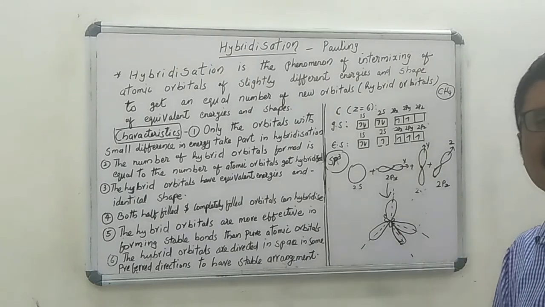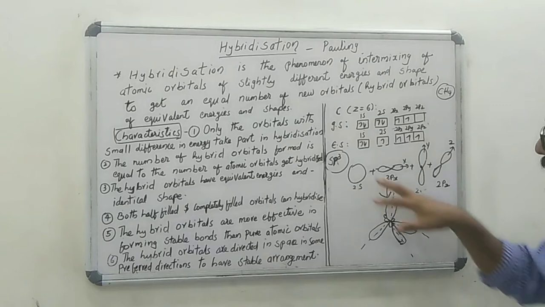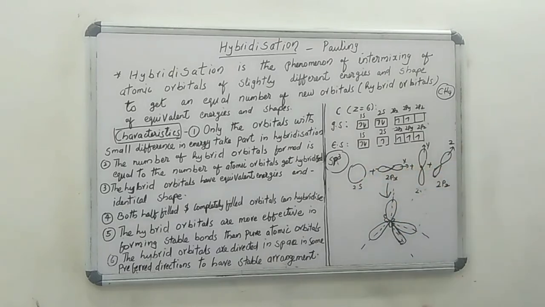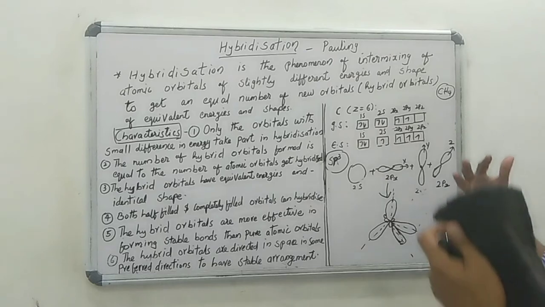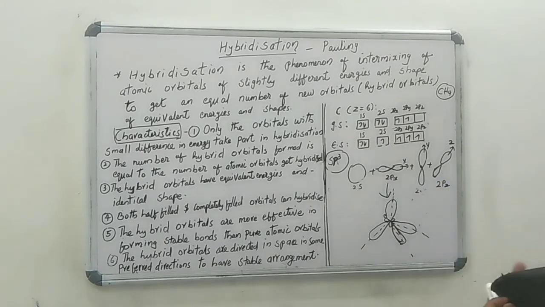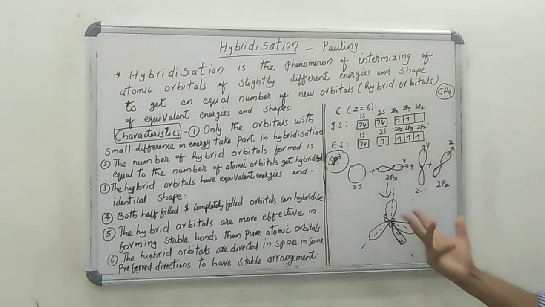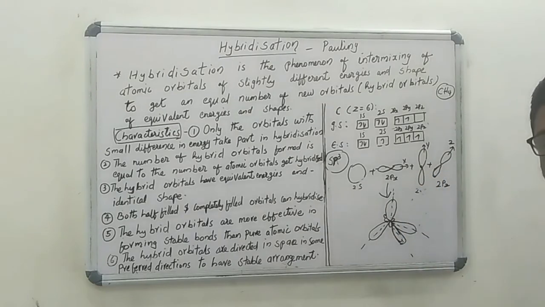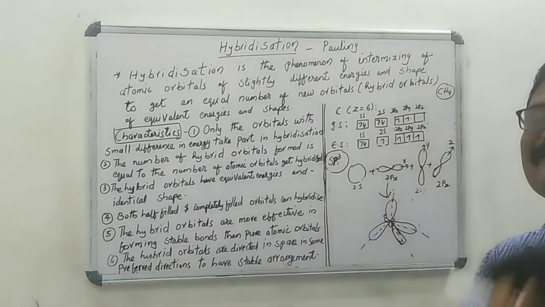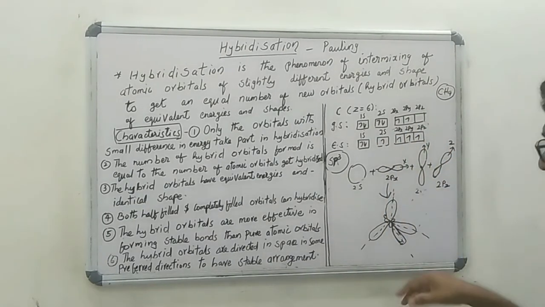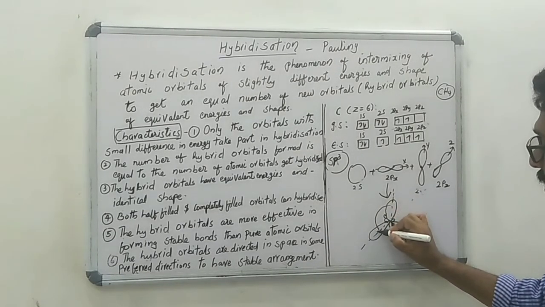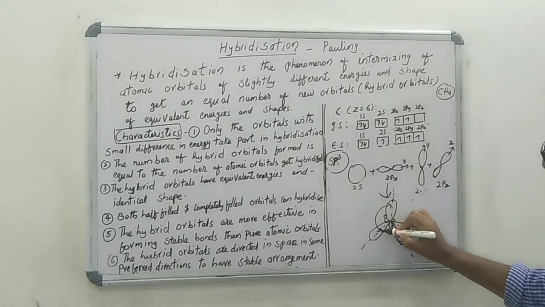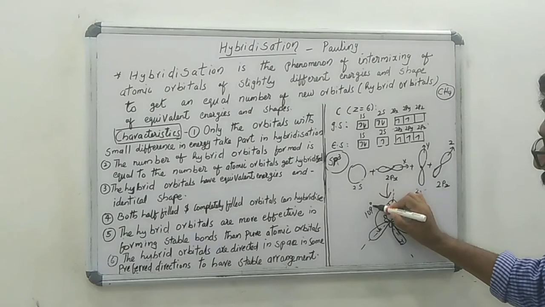The hybrid orbitals are nothing but electron clouds. Here 4 atomic orbitals having different energy and shape get hybridized or intermixed, then form 4 new type of orbitals called hybrid orbitals, or we can say 4 new type of electron clouds. These electron clouds repel each other and are directed towards the four corners of a tetrahedron, making an angle between two hybrid orbitals of 109 degrees 28 minutes.